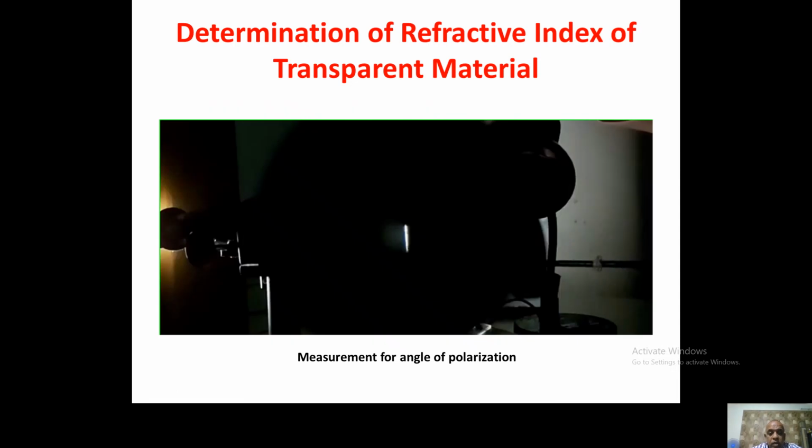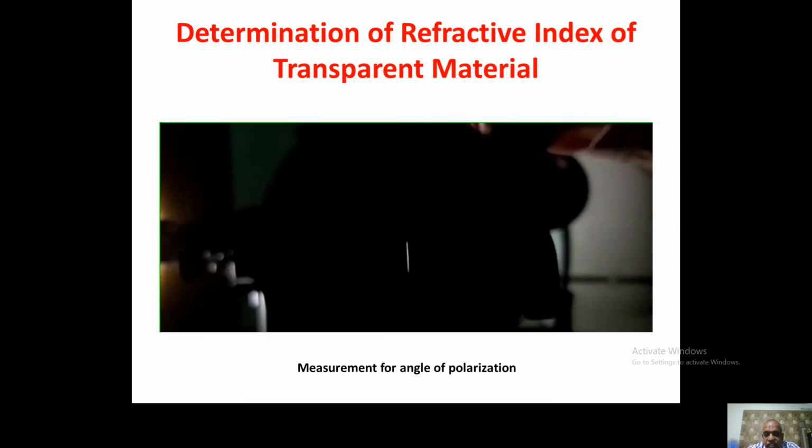Now see here. Initially, for a small angle of incidence, the intensity of the slit seen through the telescope is like this. By changing the angle of incidence, its intensity is reduced.